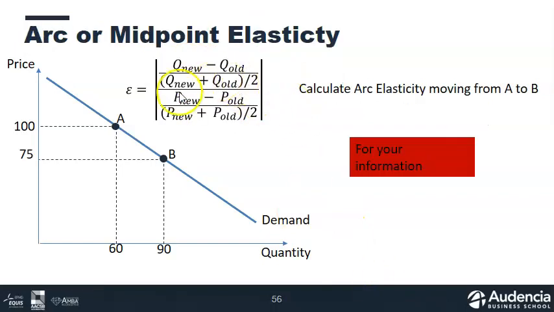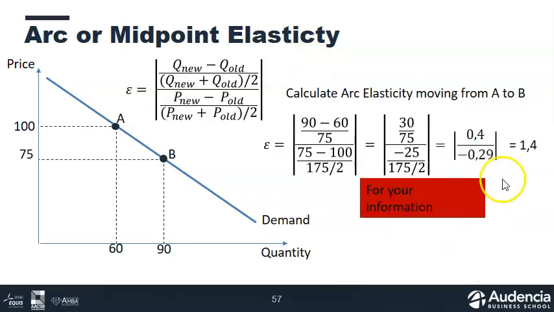So by dividing by the average quantity or the average price, you get what's called the midpoint elasticity. And that's for your information. And we get a slightly different number, okay, because we're not going to divide by 60 here, but by 75. And we're not going to divide by 100, but by 175 divided by 2, the average of the two numbers.